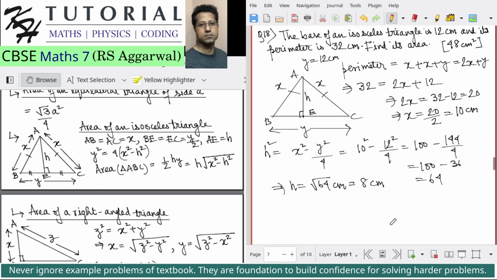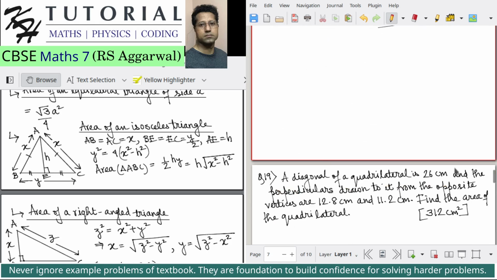So the height is 8 centimeter. So the area is equal to half into base into height, which is equal to half into 12 multiplied by 8 centimeter square. This is equal to 32 centimeter square. Sorry, not 32 but 48. 6 multiplied by 8 is 48 centimeter square.